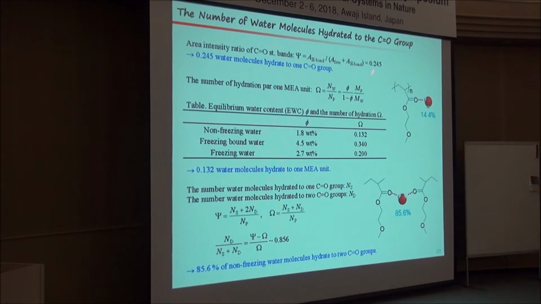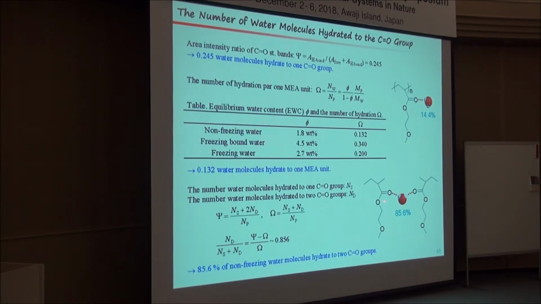Using the two values, we calculated the number of water molecules hydrated to 1 carbonyl or 2 carbonyls. Using this equation, finally we obtain that almost all, about 86%, of the non-freezing water molecules have such a structure, like a bridge structure, where one water molecule hydrates 2 carbonyls.